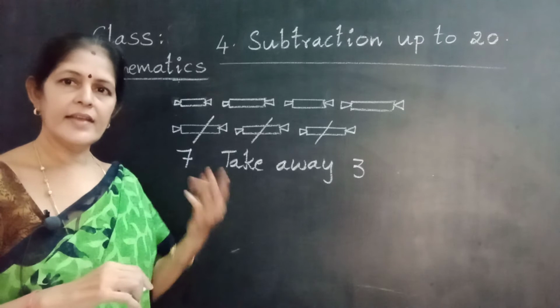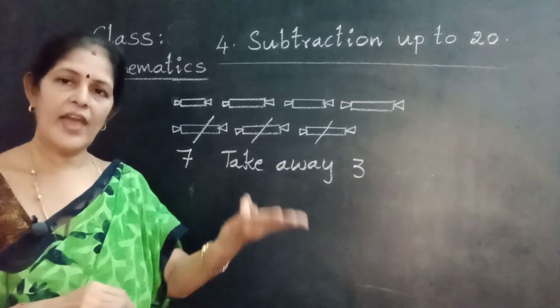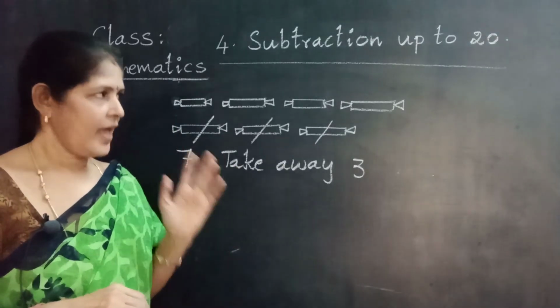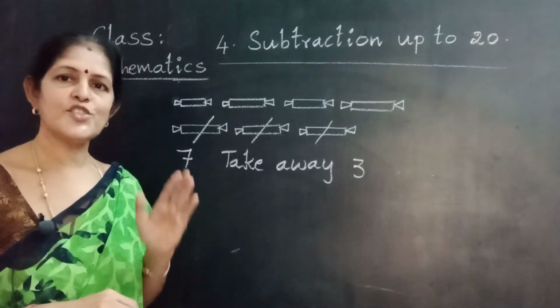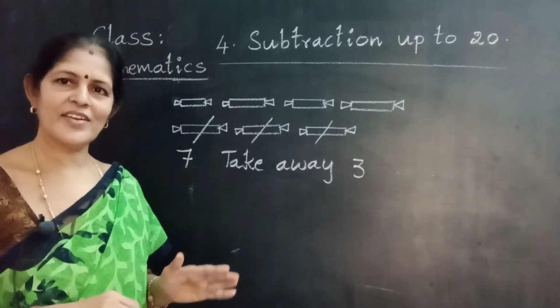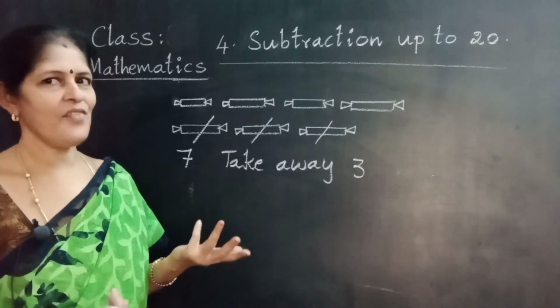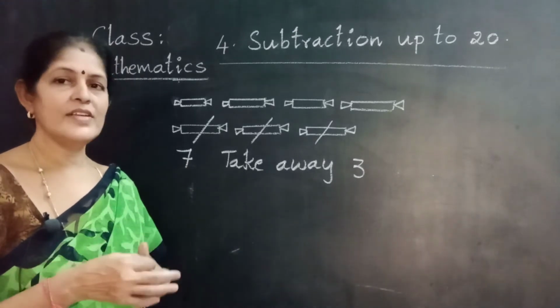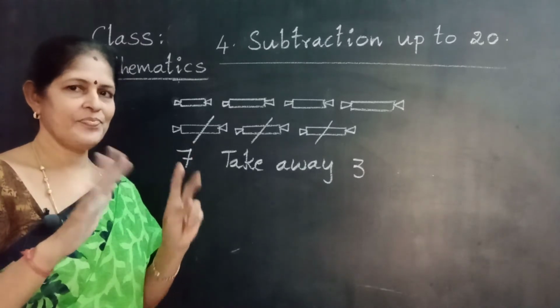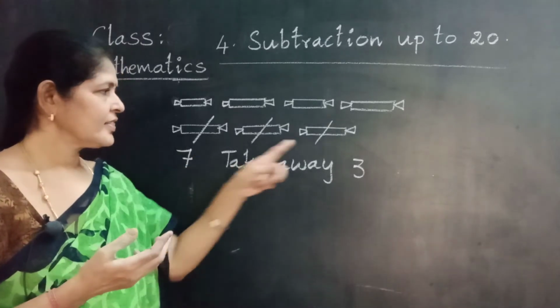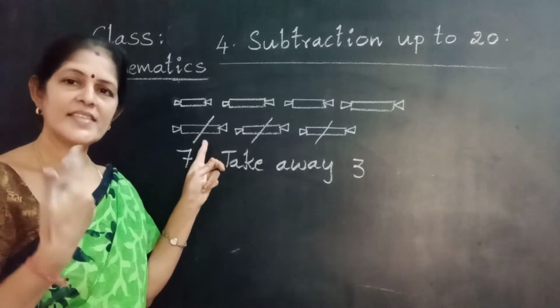I give 3 chocolates to my sister. Then how many chocolates are left? First I have 7 chocolates. I gave 3 chocolates to my sister.